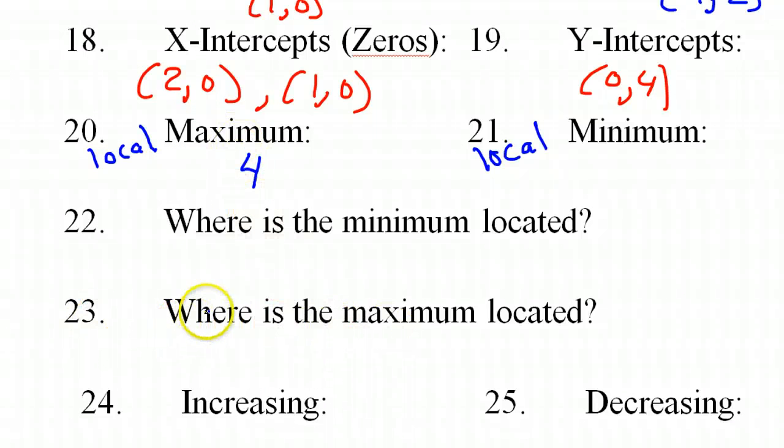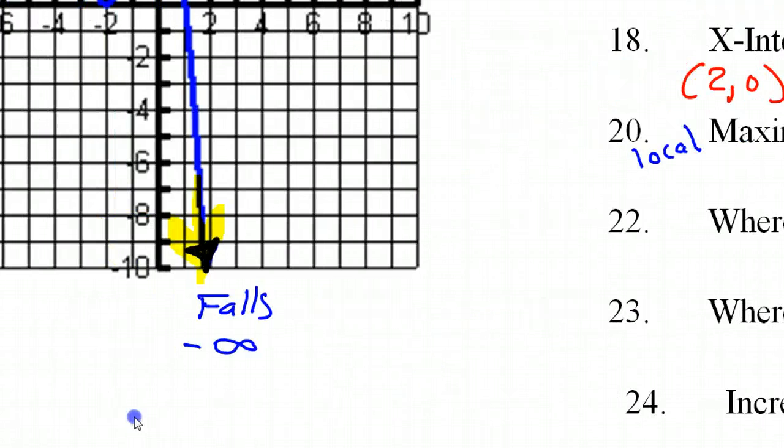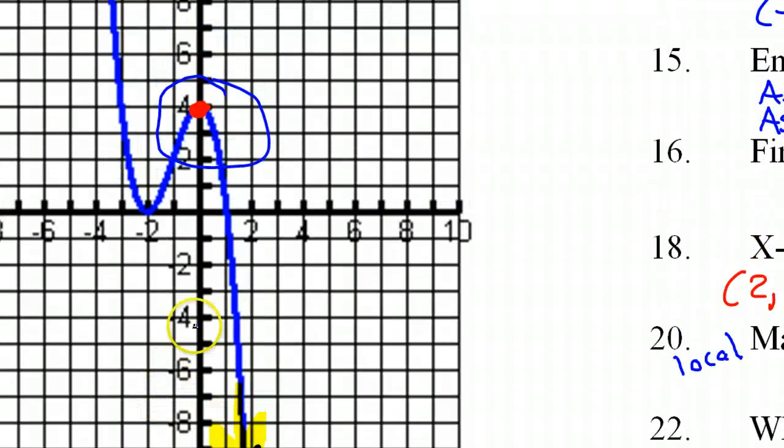So let's skip down to 23. Now where is the maximum located? Now remember, there was no maximum. So let's go ahead and talk about where is the local maximum located. Okay, so let's look back at it again. All right, so the local maximum was 4, but when I say where, I'm talking about the x value.